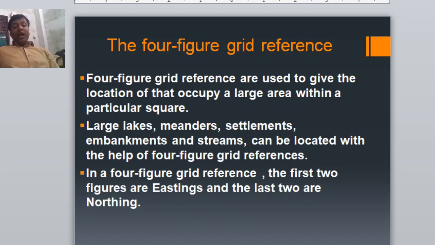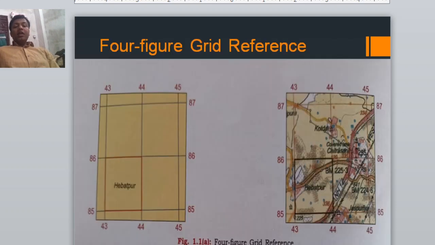So keep in mind, the first two figures are easting, that means vertical line position. Here we have 43, 44, 45, which is easting, and 85, 86, 87 is northing in a national grid reference.